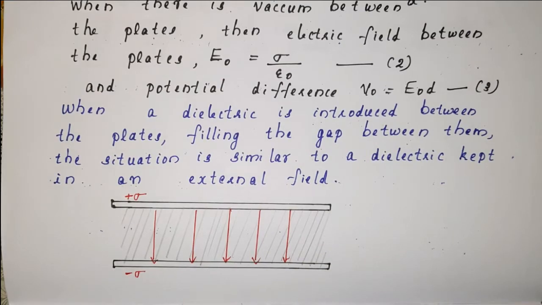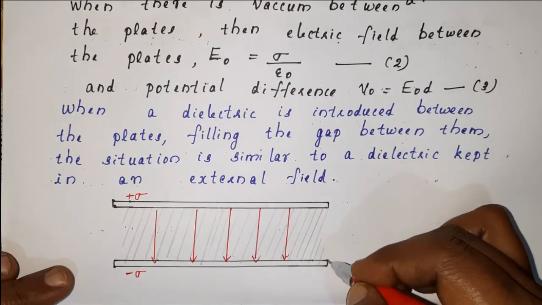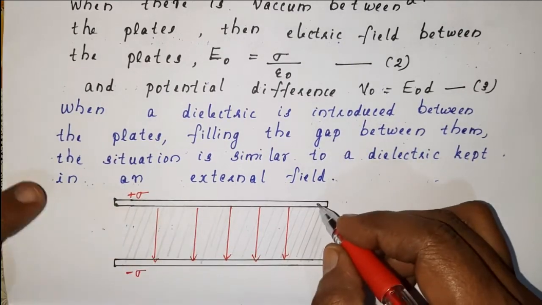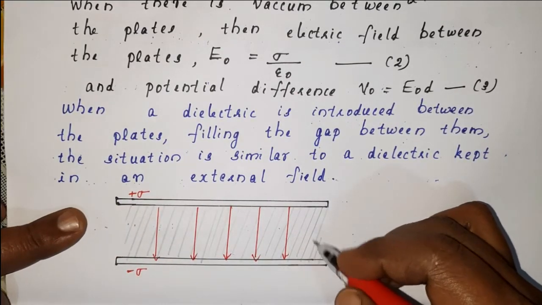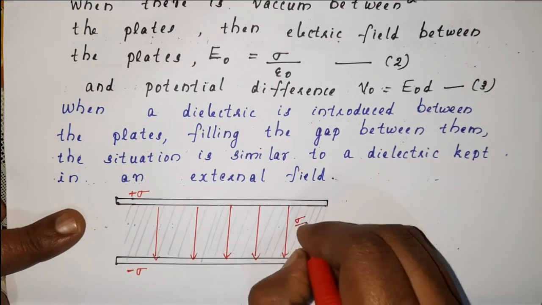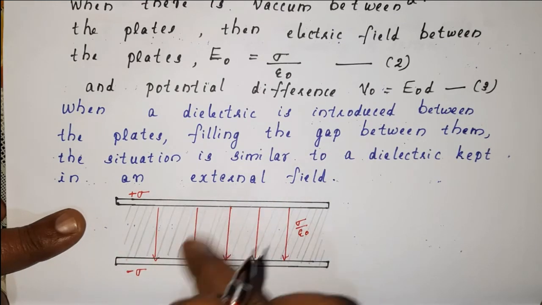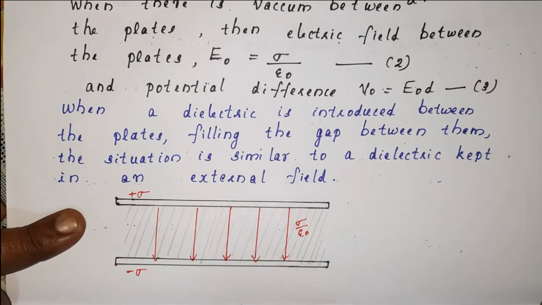So the diagram is shown here. You have the two plates with the positive charge density and negative charge density, and in the gap you have the electric field sigma by epsilon 0. It was already there. The shading with the pencil shows that the gap is filled with a dielectric.